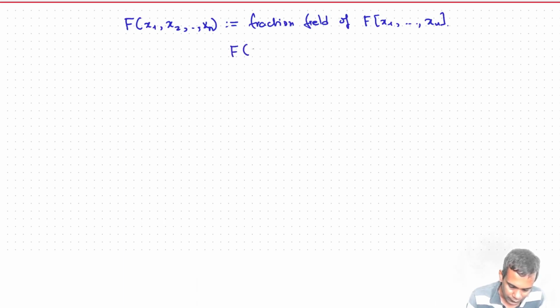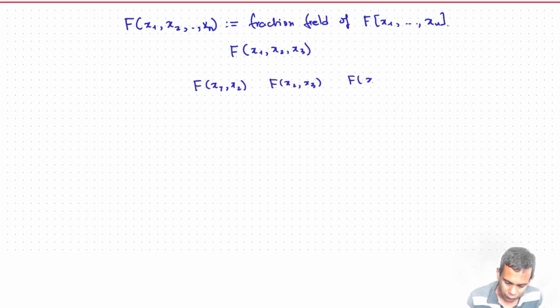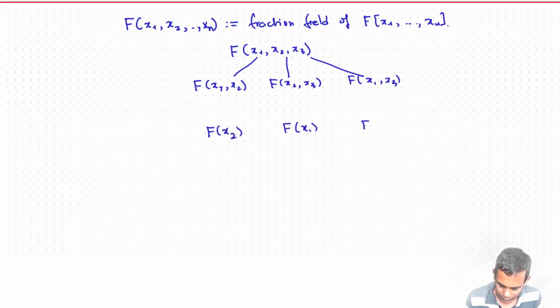You have the field F(x1, x2, x3) of rational functions in 3 variables. This will contain fields of rational functions in 2 variables, F(x1, x2), F(x2, x3), F(x1, x3), and then here you'll have F(x2), F(x1), F(x3), the fields of rational functions in 1 variable.